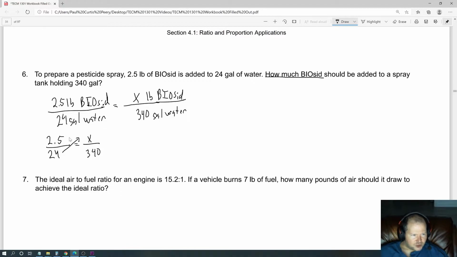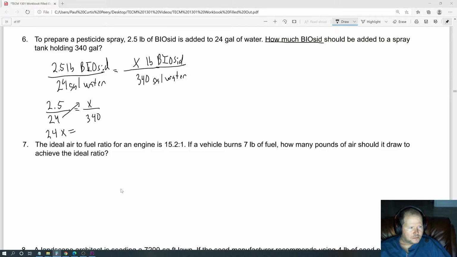So we're going to say 24 times x equals, and 2.5 multiplied by 340 is equal to 850. All right, so at this point I'm going to divide both sides by 24.